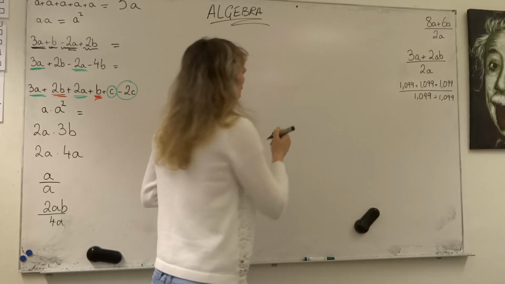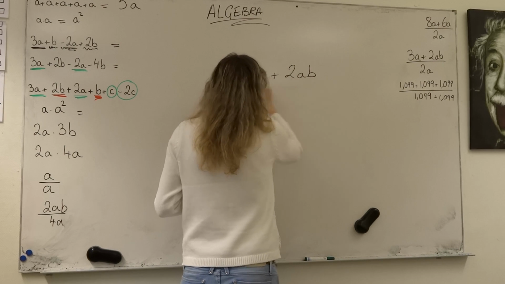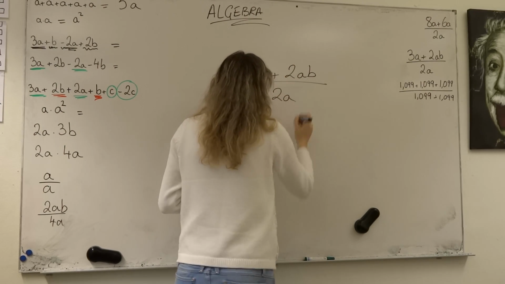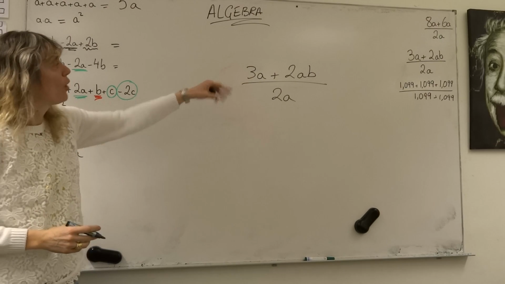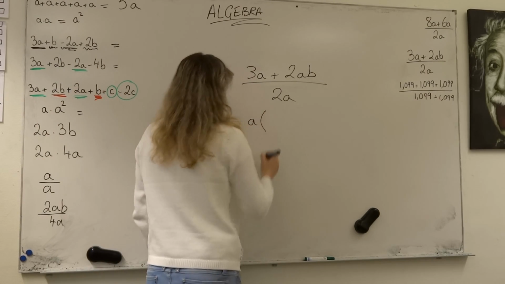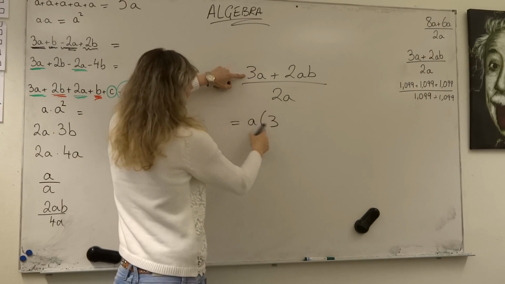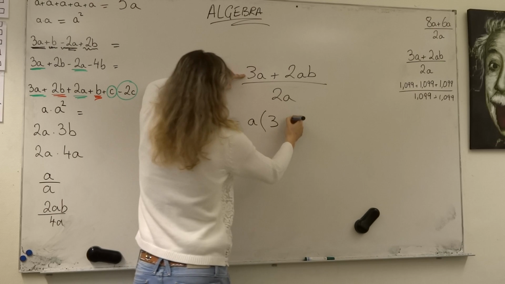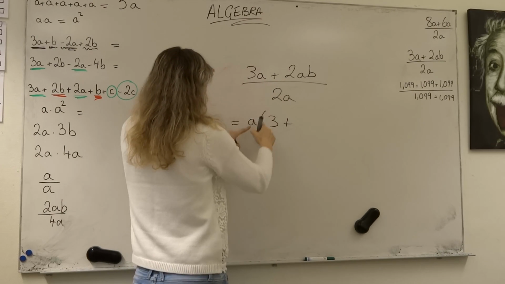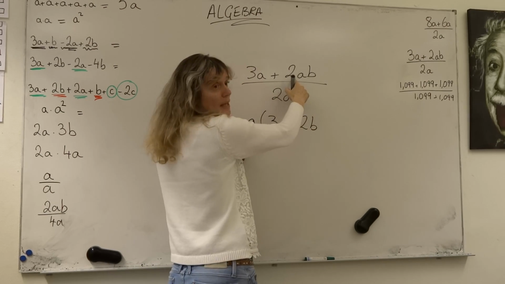Okay, what about when we've got a's and b's then up here? What can we do to simplify those? Well, again, in the top one, we can take a out of the front of the brackets. So we get a times bracket: a times 3 would give us 3a, plus sign in the middle here, a times 2b would give us 2ab.